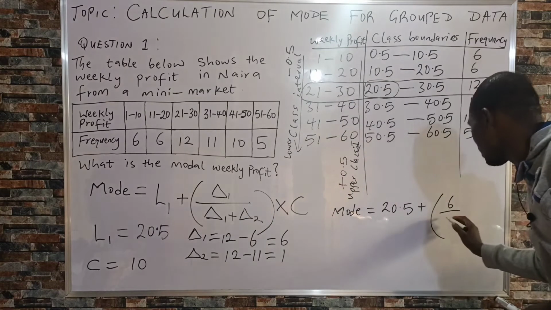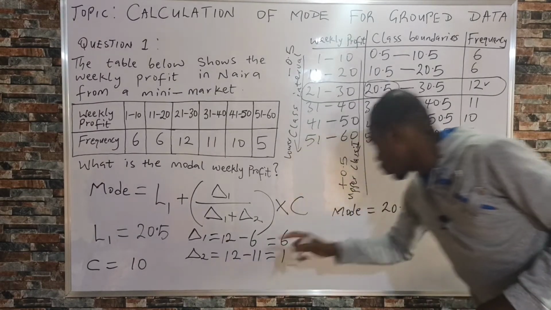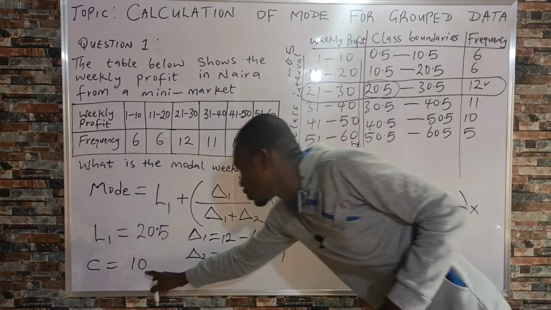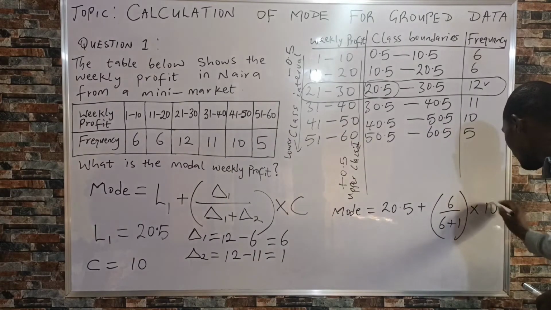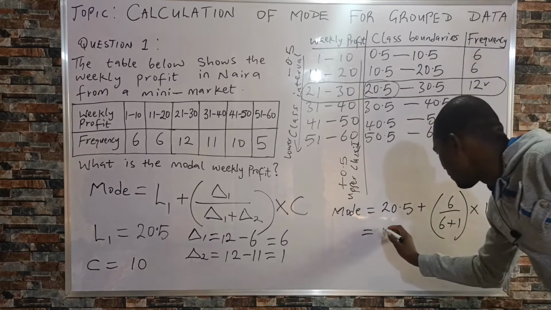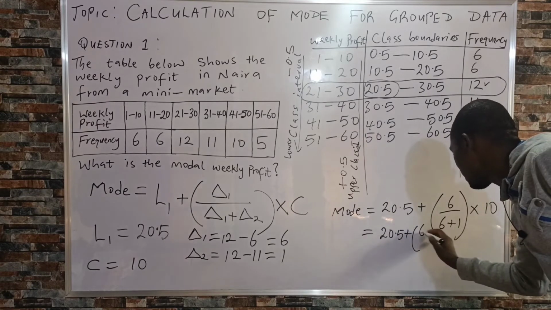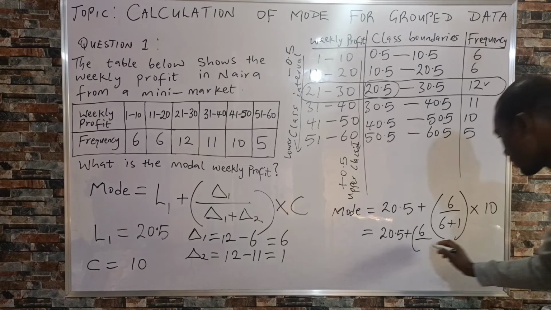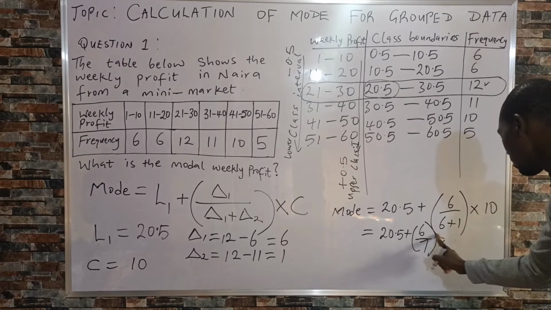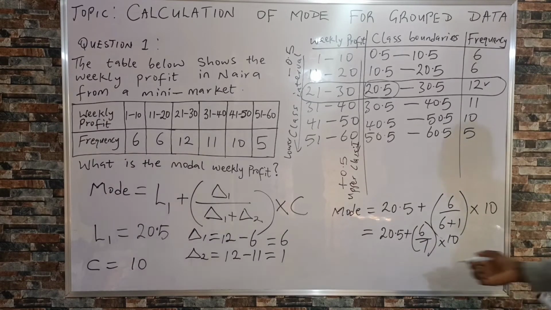So delta 1 is still 6, plus delta 2 is 1, then multiplied by our class size, which is 10. So let's go further to solve for this. We have 20.5 plus in brackets 6 over 6 plus 1, which gives us 7, right? Then multiplied by 10.